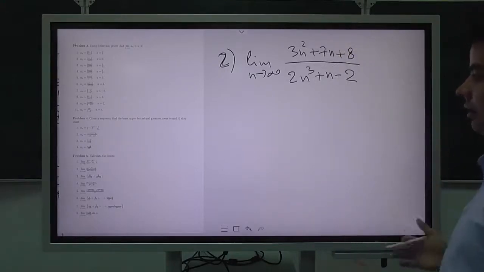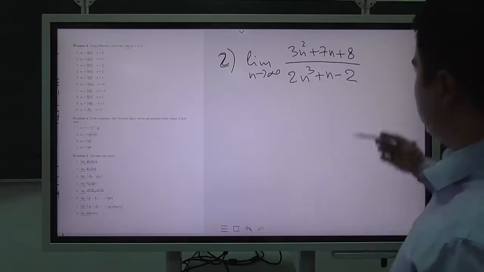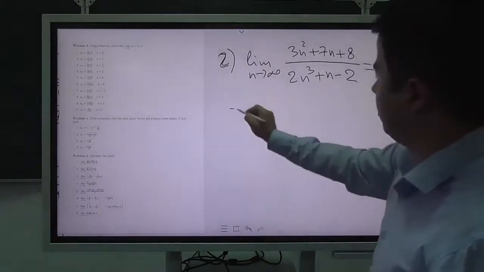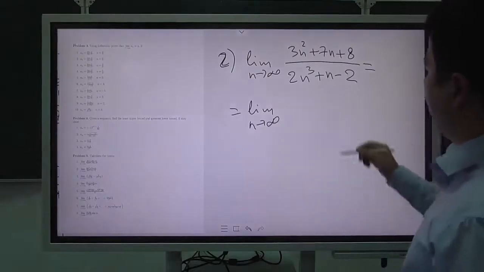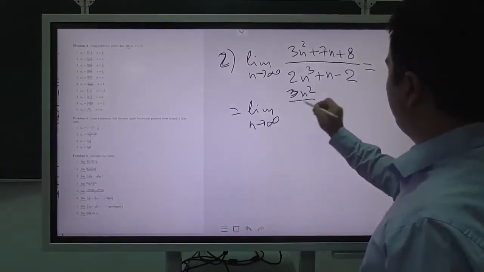Again, let's divide by the greatest power of n, numerator and denominator, and we get limit n tends to infinity, 3n squared over n cubed.